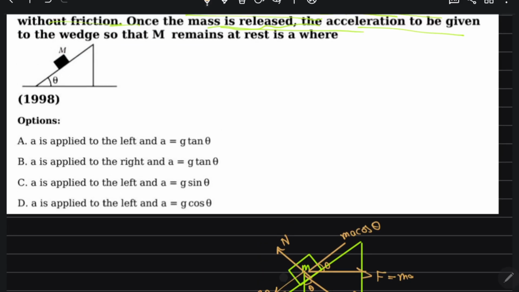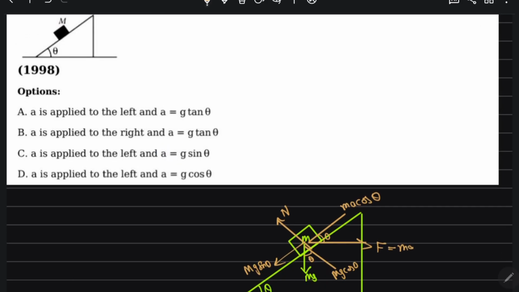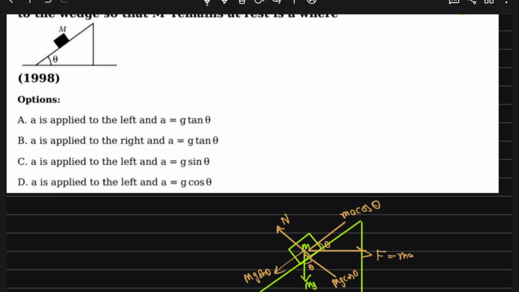ma cos theta. If this balances now, here they are saying once the mass is released, the acceleration to be given to the wedge so that the mass remains at rest is a, where a is applied to the left.